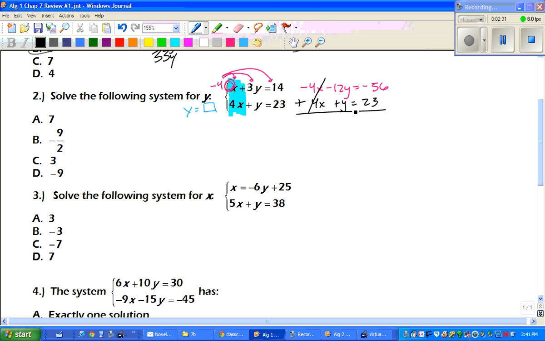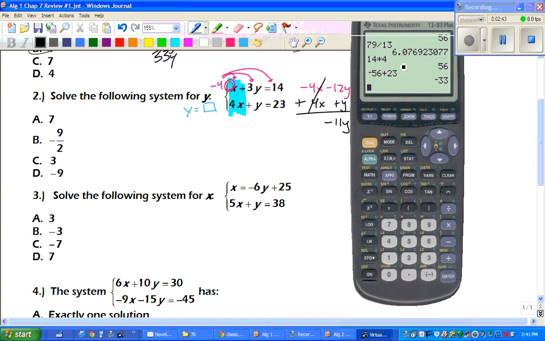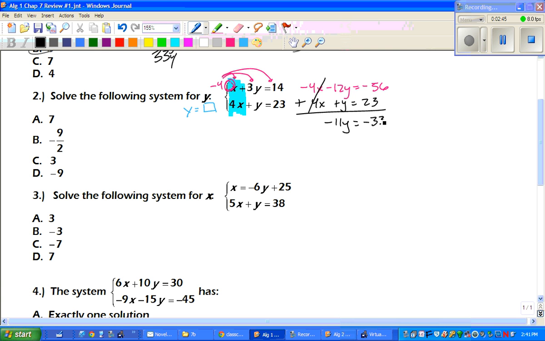Your x's cancel. You get negative 11y equals negative, what is it? It's okay if you need a calculator, negative 56 plus 23, negative 33. Now we just did this up on the problem above, so you should already know this, but y equals 3. And that's all they're asking for in that problem.